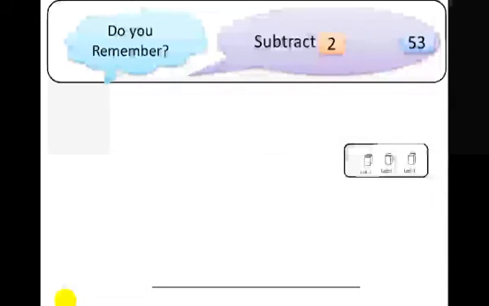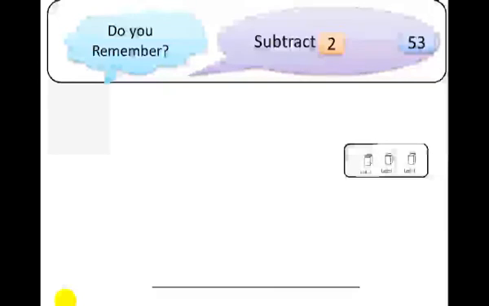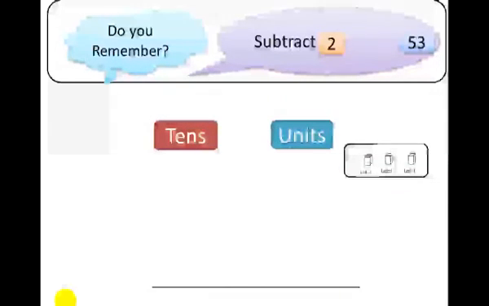Remember, I told you the first thing you do is to place each digit under the place value. Subtract 2 from 53. 53 is a two-digit number, so we have tens and units.